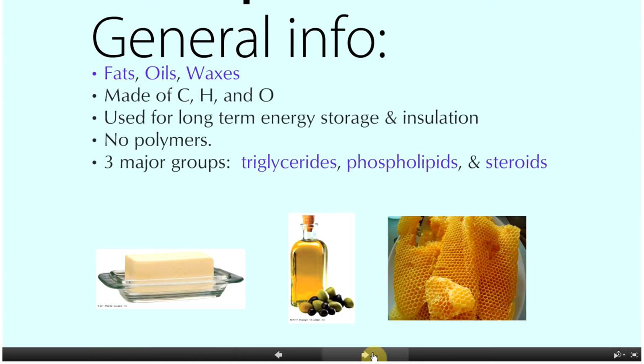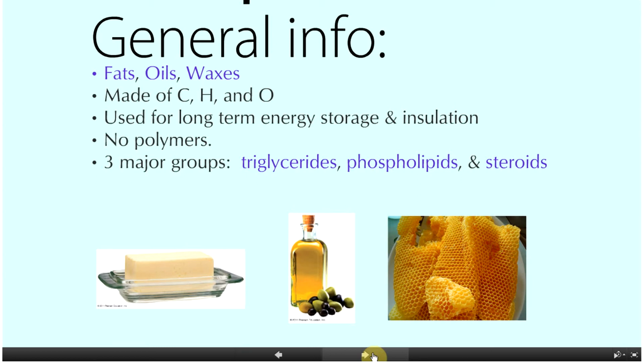Because lipids are mostly carbon and hydrogen and have very little oxygen, overall they are non-polar or hydrophobic molecules. They're used for a couple different purposes within organisms. Two main purposes are for long-term energy storage as well as insulation, keeping the organism warm.